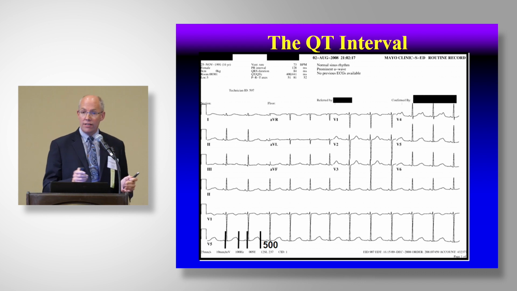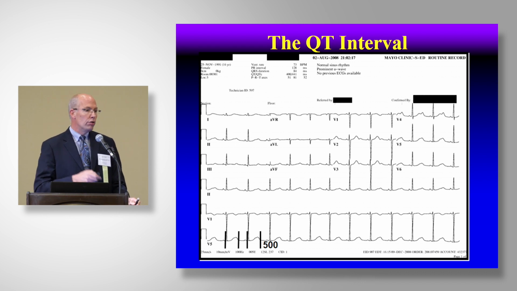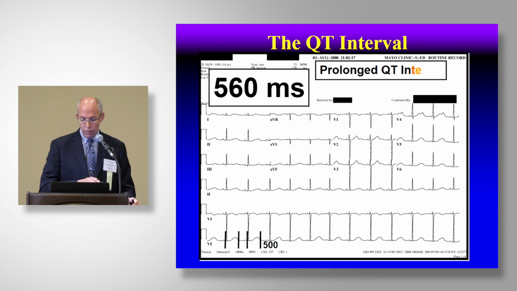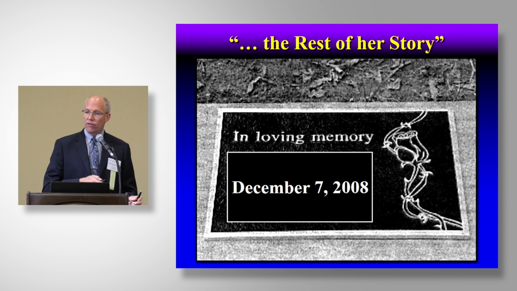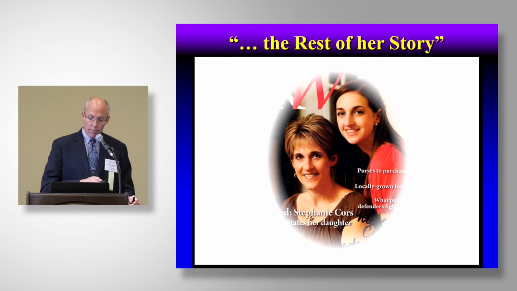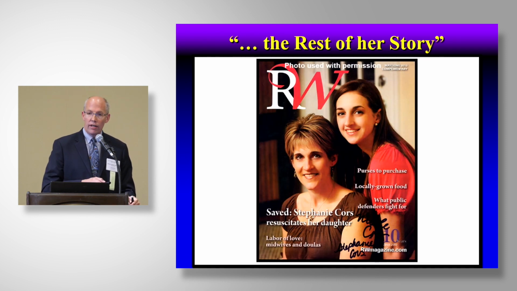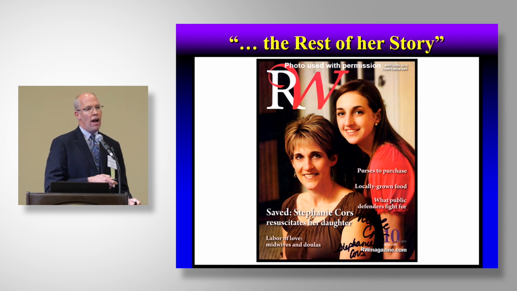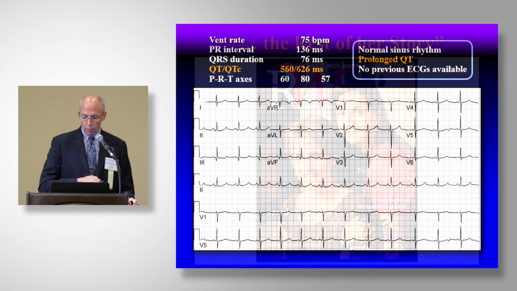Then you would have paused and said, we've got a U-wave inclusion-exclusion problem, and that's not a U wave to exclude, that's a bad T wave to include. Then we would have avoided this 4 months later. She died. Well, thankfully, just almost. She was resuscitated by her mother after 30 minutes of CPR and then rapid defibrillation, and she's thriving and doing well. But none of this story needed to have happened had anybody just done a little bit of QT respect.